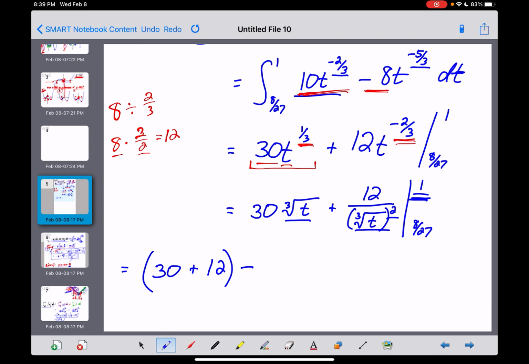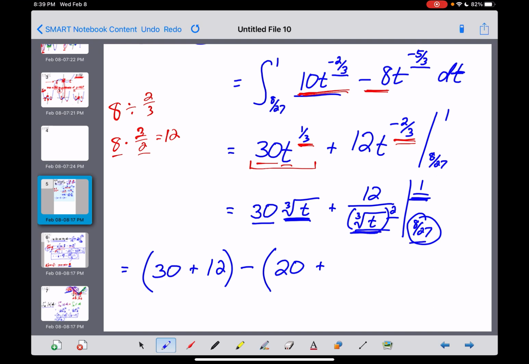And then minus, now comes the fun part, let's put in 8/27. Whew. And just like I predicted, we're taking the cube root of 8/27. So that cube root is going to be 2/3, and 2/3 times 30 is going to be 20. Plus, okay, now the fun continues here. Let's take a look at what's going on here.